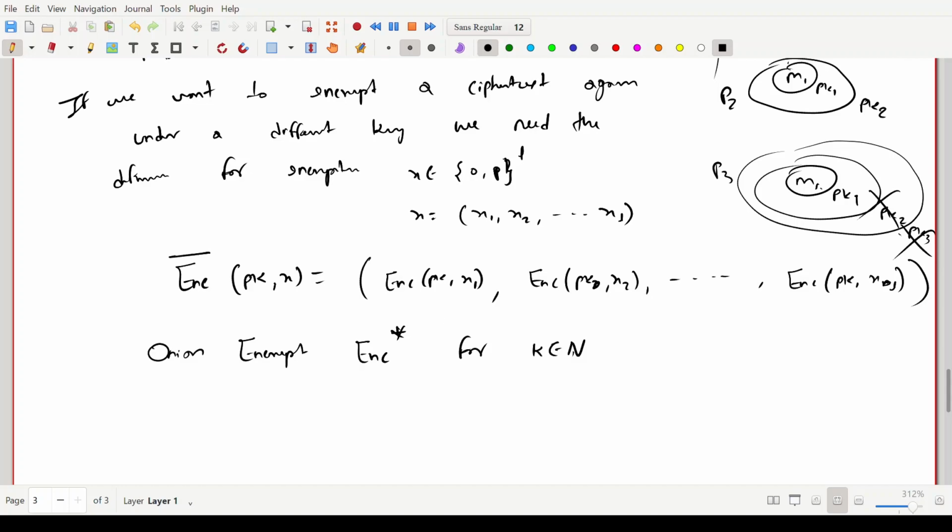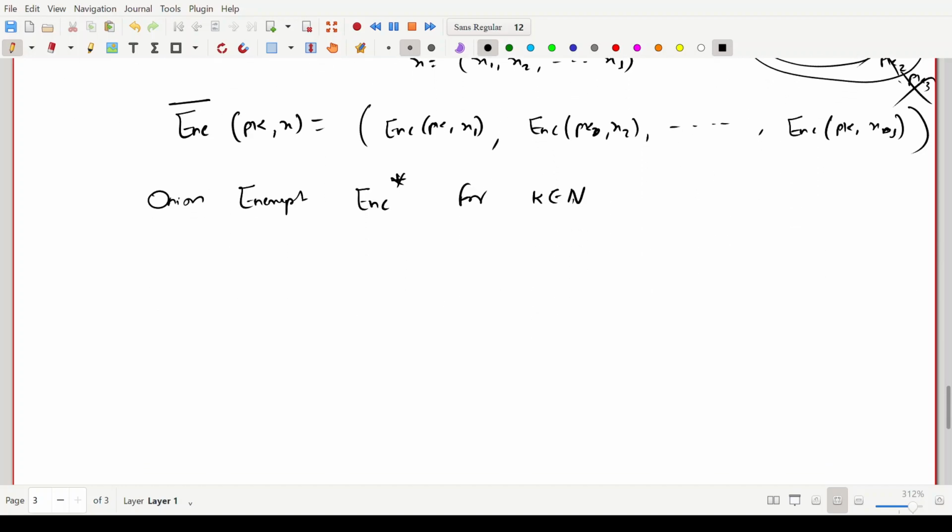If you are having one public key, sorry, one ciphertext, that is encryption star. If there is only one public key, then it is the same as encryption of x under pk, which I told you, that is encrypting each of the coordinates.